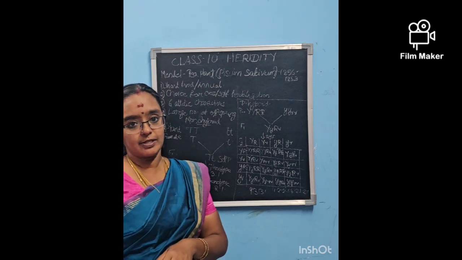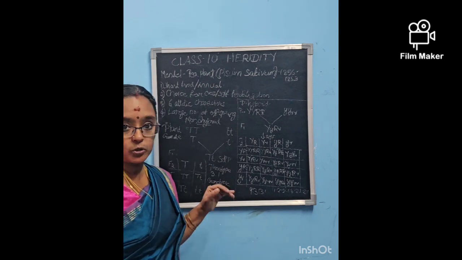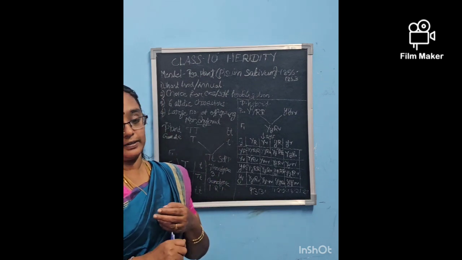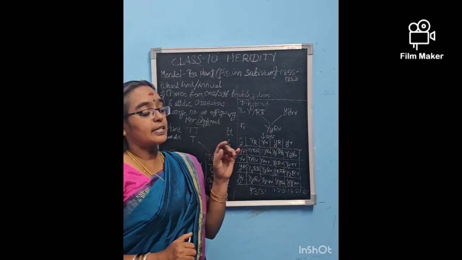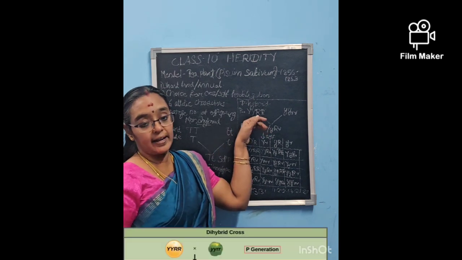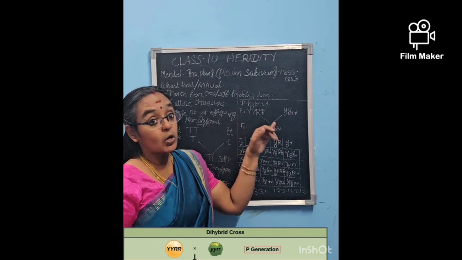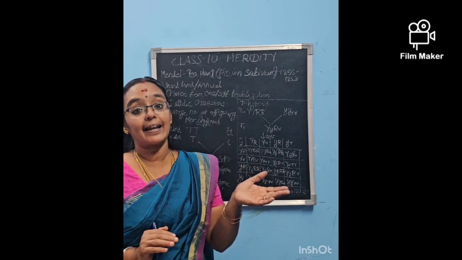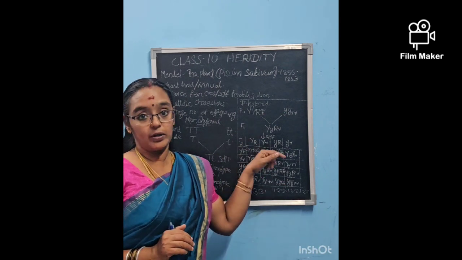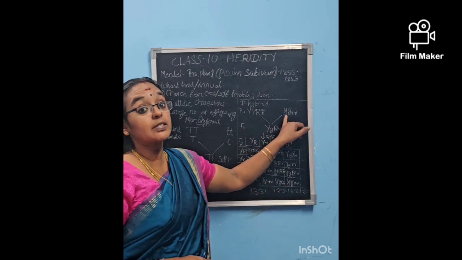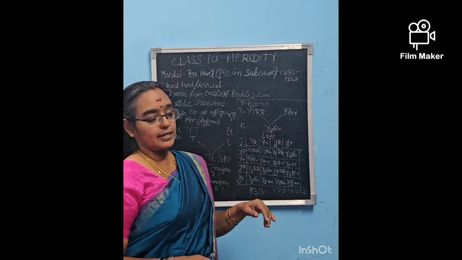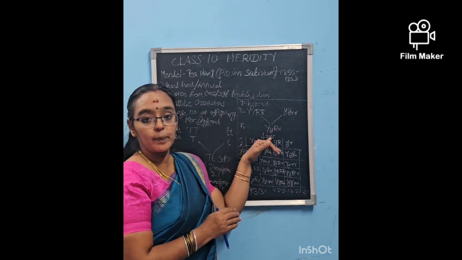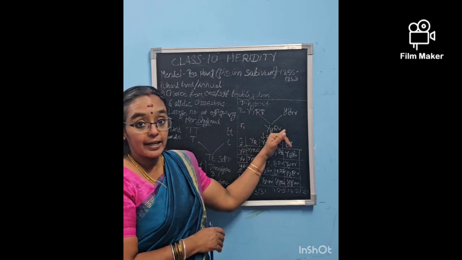In the monohybrid he took tallness, and in the dihybrid he took seed color and seed shape. Seed color yellow and round is taken and he crossed it with green and wrinkled. We know the dominant character was yellow and round and the recessive character was green and wrinkled, isn't it? So he crossed a pure yellow round plant with a pure green wrinkled plant.